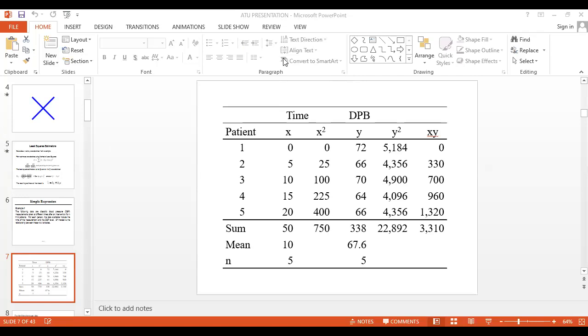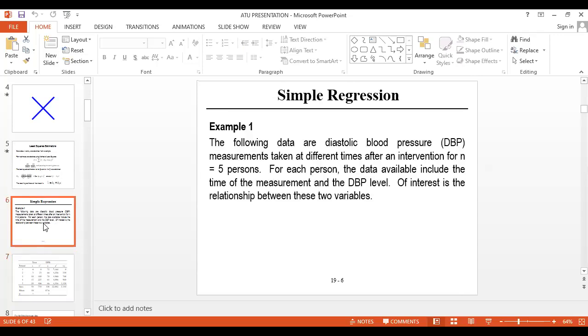I hope you can all hear me. Now, this data here says the following data are diastolic blood pressure measurements taken at different times after an intervention for 5 persons.